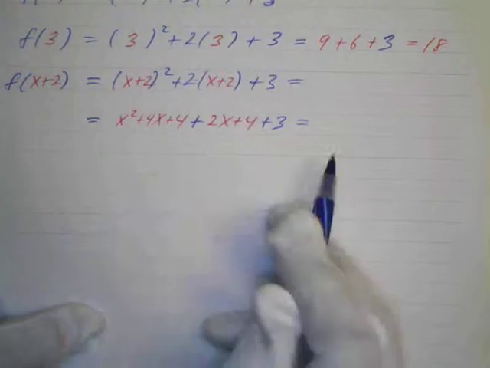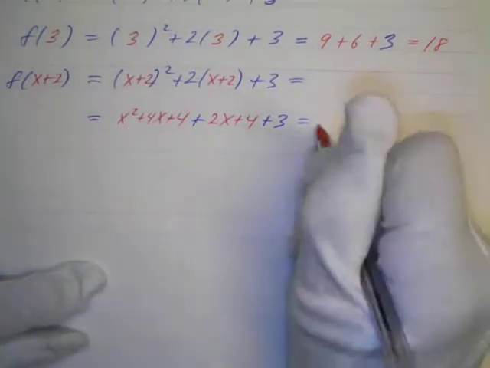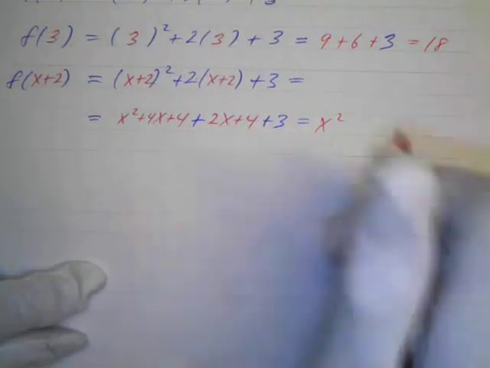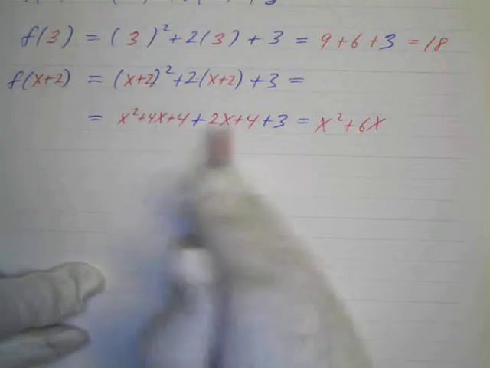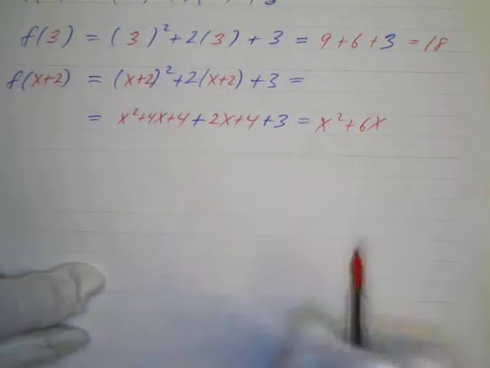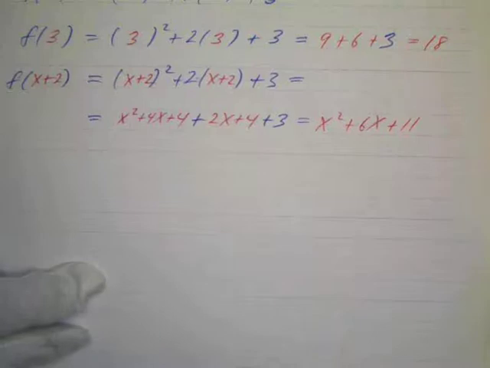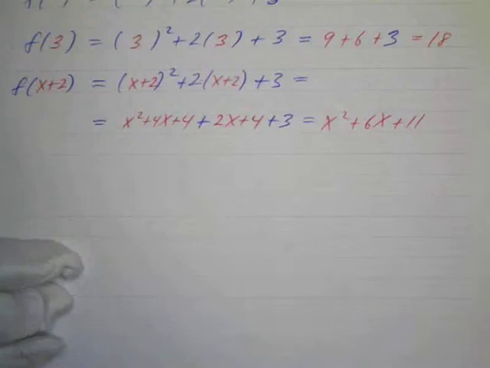Then we just have to combine like terms. I only have one x squared. I've got 4x plus 2x makes 6x. And then 4 plus 4 is 8, plus 3 is 11. That's what you have. So this is f of 3, and this is f of x plus 2. All right?